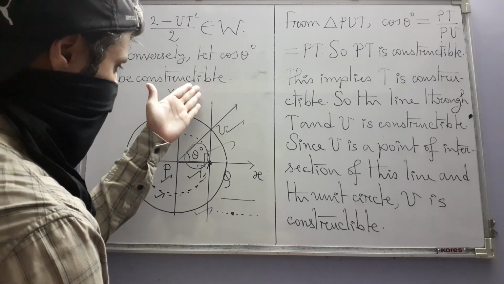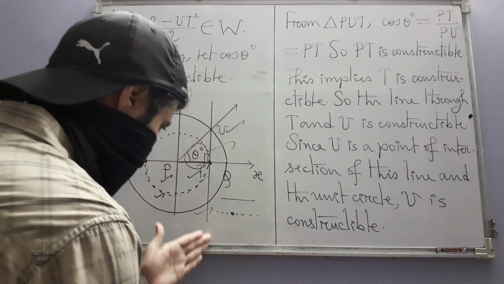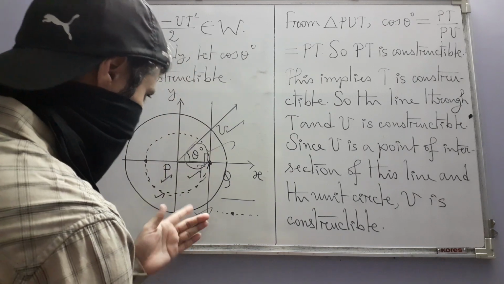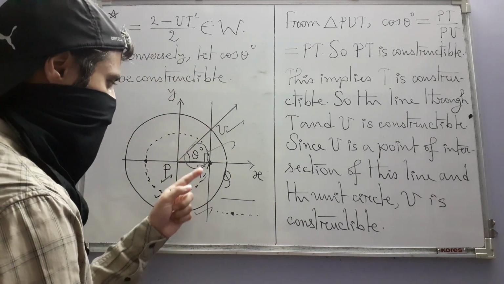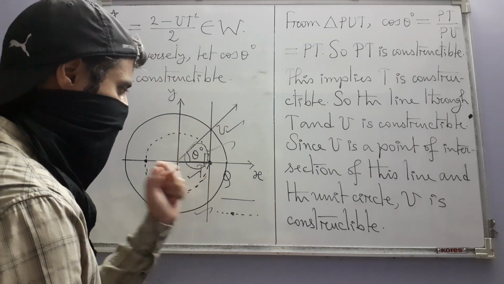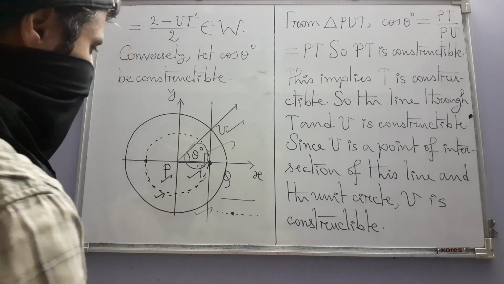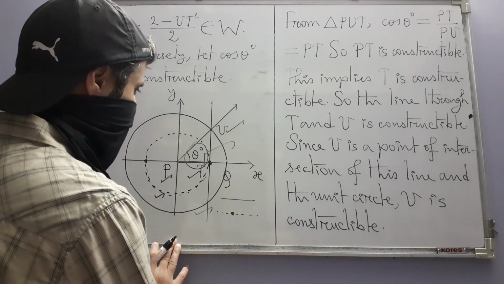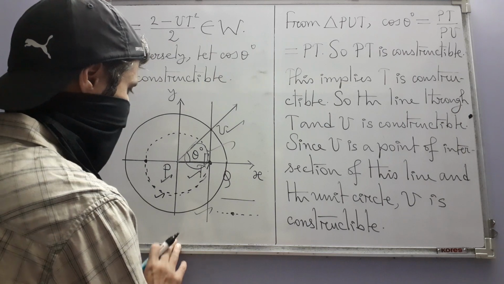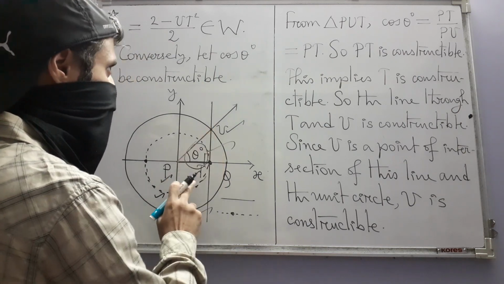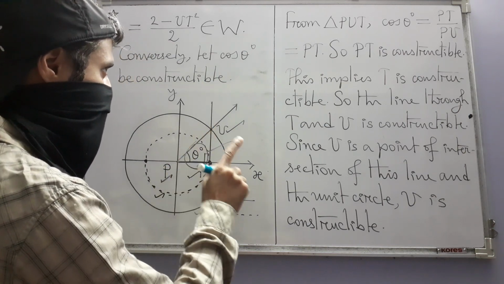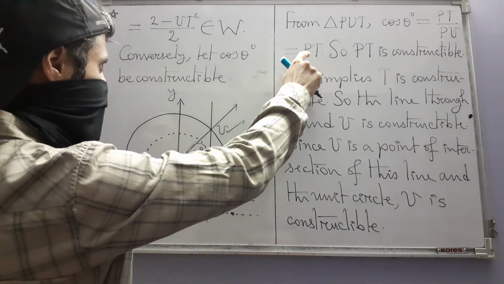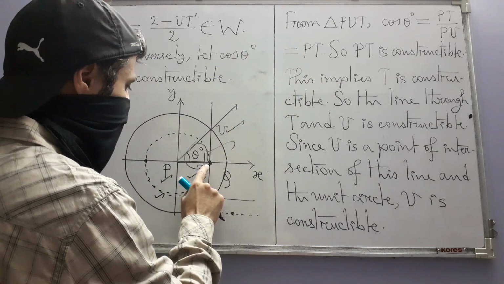Now, one more thing is that we drew this line perpendicular to the x-axis and passing through U. And that line intersected the x-axis at the point T. Alright. And then from the right angle triangle PT, the first thing we obtained is that PT is constructible.